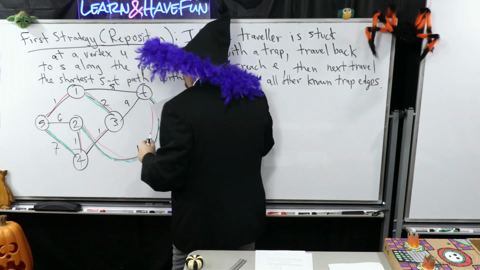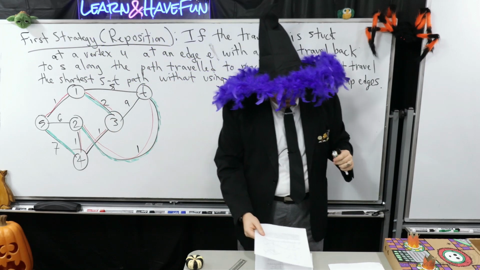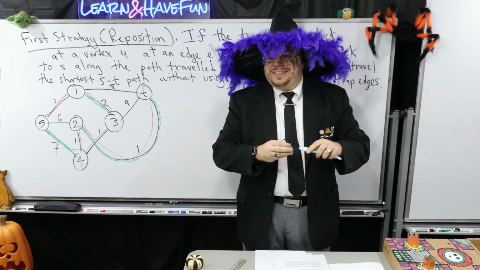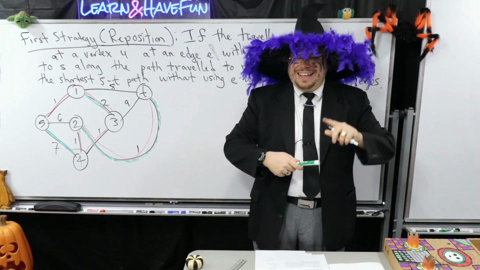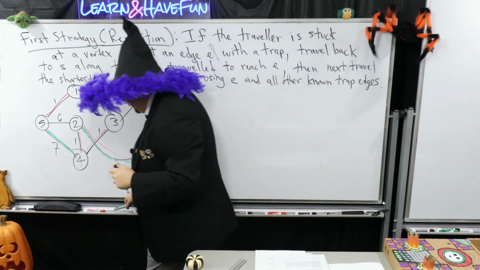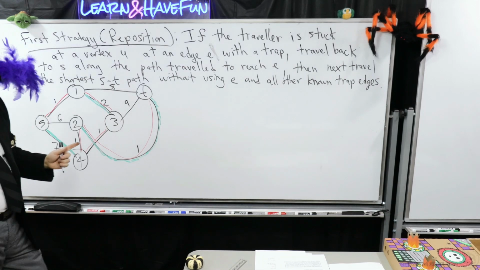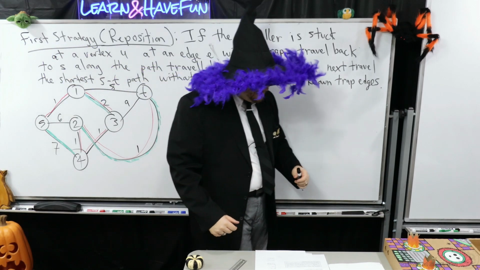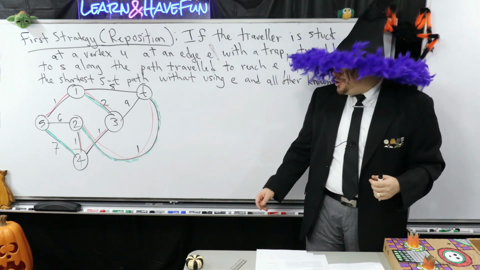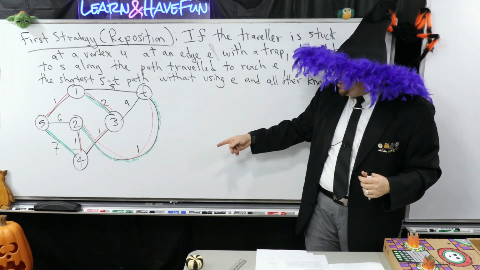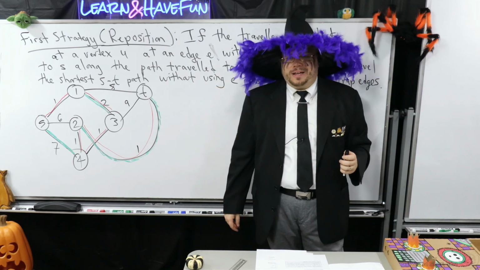And of course, you can't take the fast track either. Excellent. So now, do you see how quickly we cannot just compute a shortest ST path if these were the trap edges? We can't go from S to T using this path because we'll encounter at least one trap edge.